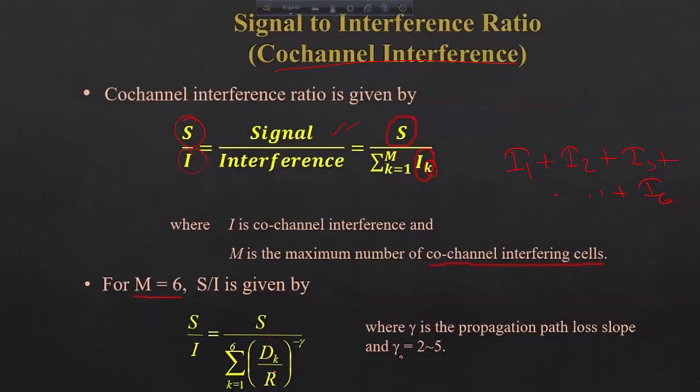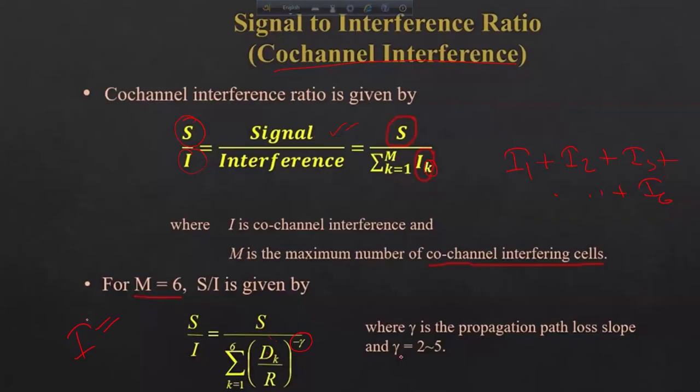R is the cell radius, and gamma. What is gamma? This is one formula for calculating interference. Interference is related to the distance. If the distance is larger, the interference is less. If the distance is lower, the interference is higher.